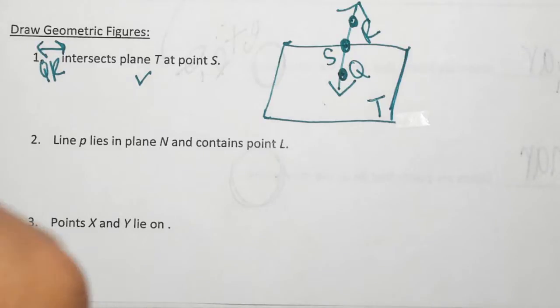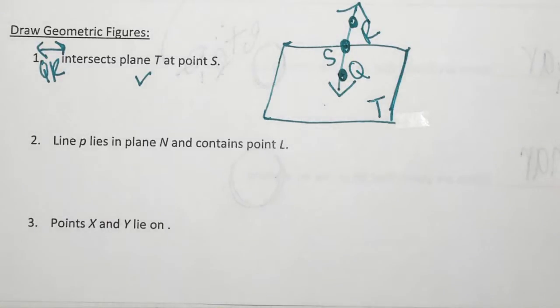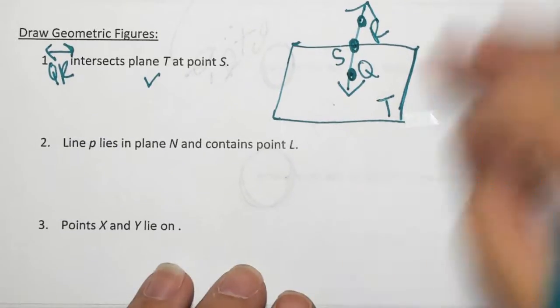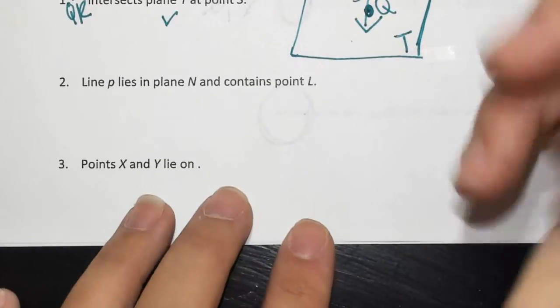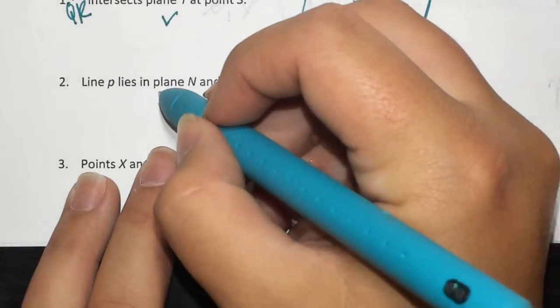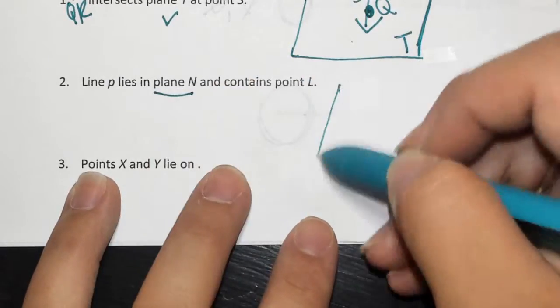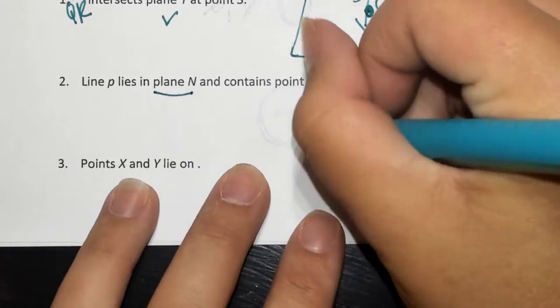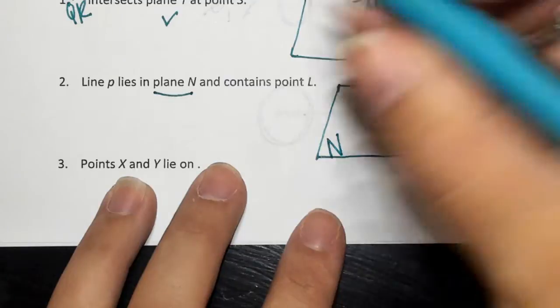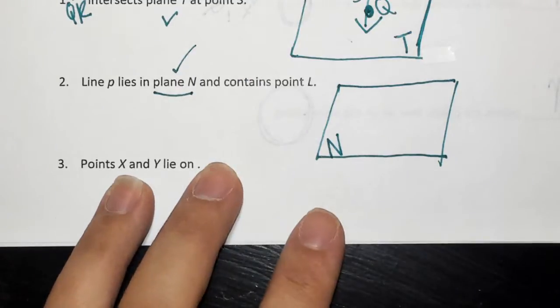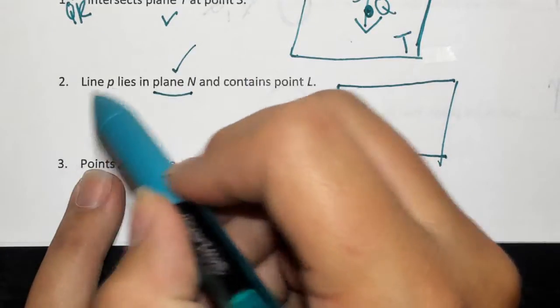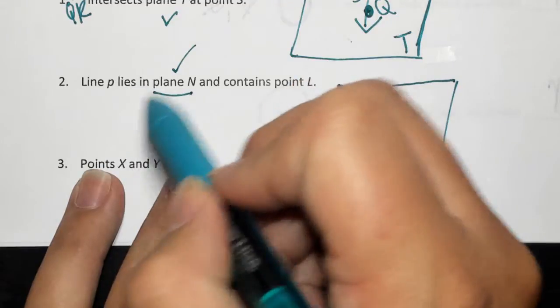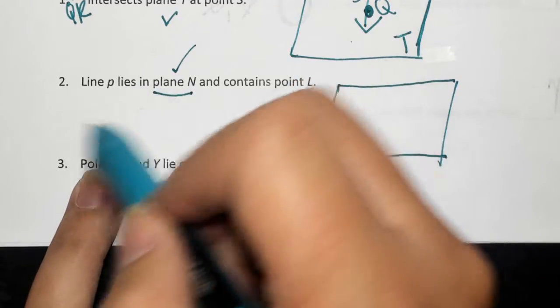Read number 2 to yourself. So what should we draw first? Plane. Plane what? N. So let's go ahead and do that first. Now it tells us that line P lies in plane N. It's all the way in.